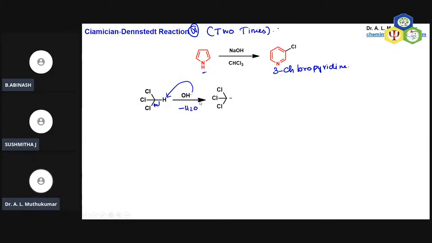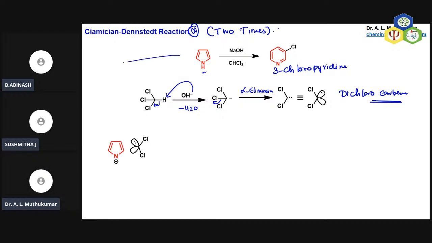As a result, you get the corresponding anion. From this anion, Cl minus will be removed. This is known as alpha elimination. This alpha elimination provides a carbene, that is dichlorocarbene.